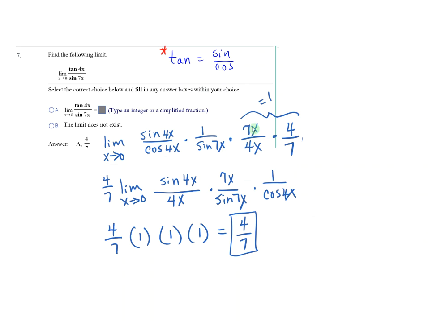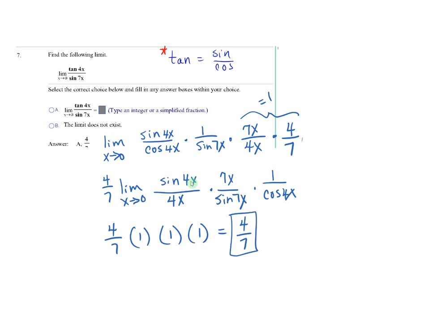If I have 7x over 4x times 4/7, those 4's cancel out, the x cancels out, that's all just equal to 1. And if I have that, then I can take the 4/7 and bring it to the outside of the limit sign.